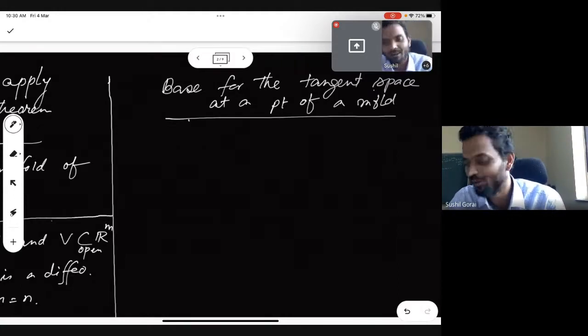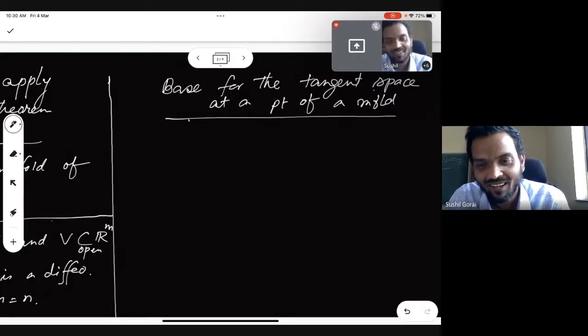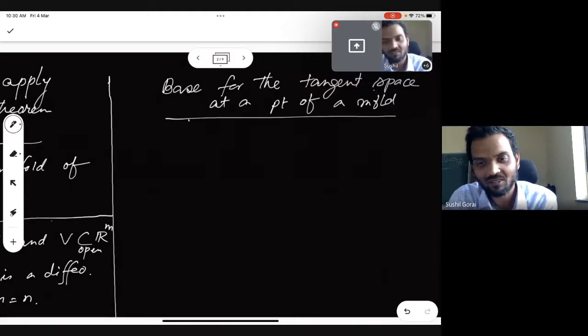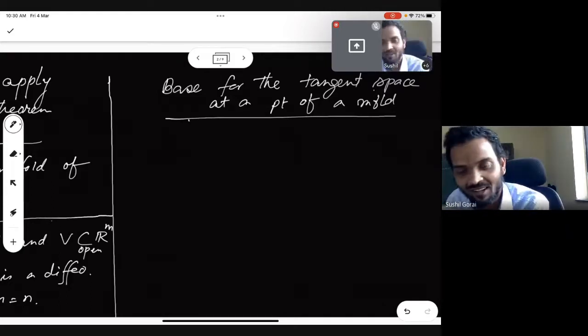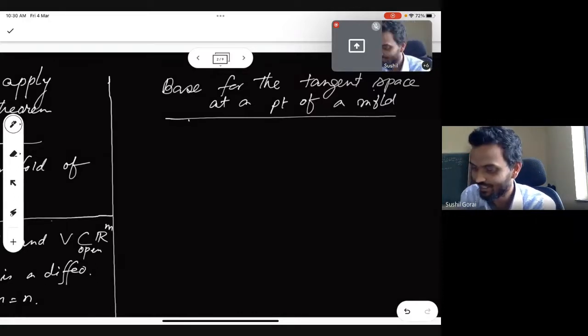For Rn, you know, right? Now we have to use the basis for the tangent space, del by del xi, for del by del ri, i from 1 to n. In case of Rn, you use something to get a basis, right?